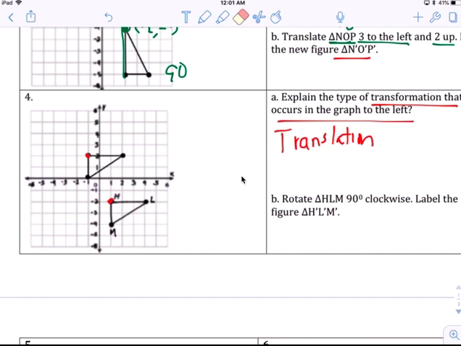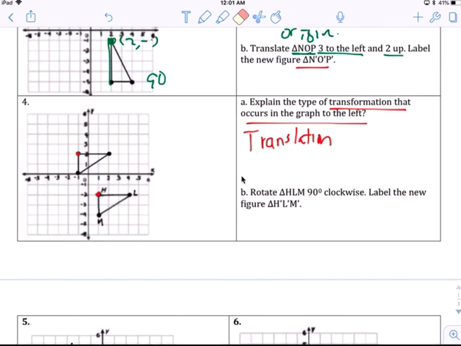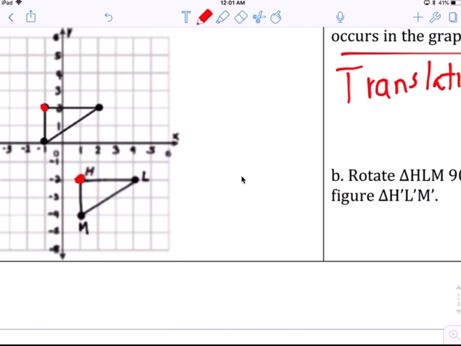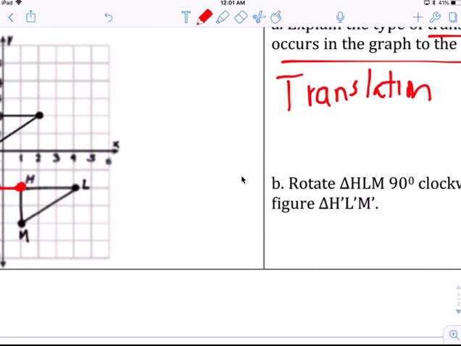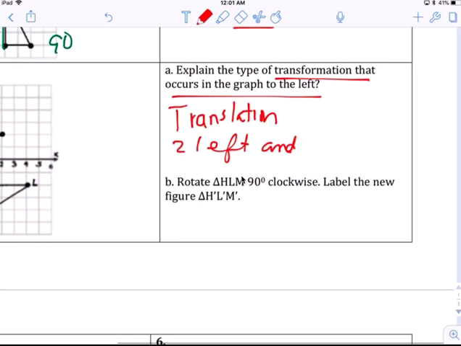It's translation, but when you do translation, you have to count. So it went from letter H to this corner without a letter. So you had to go 2 to the left, and after that you go 4 up, right?